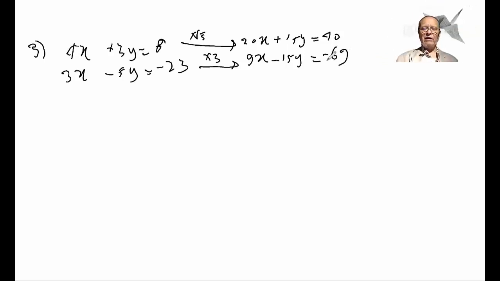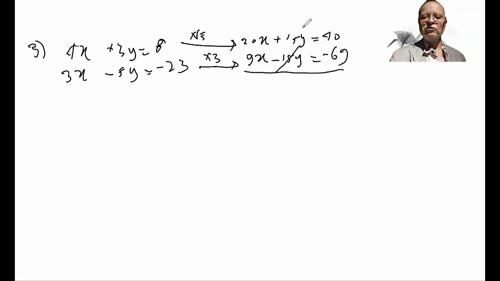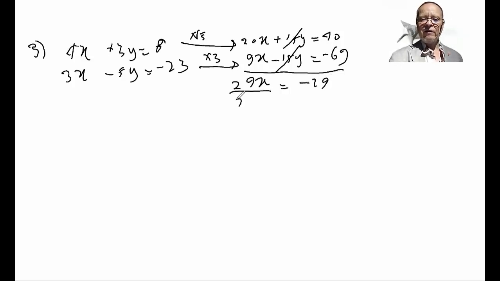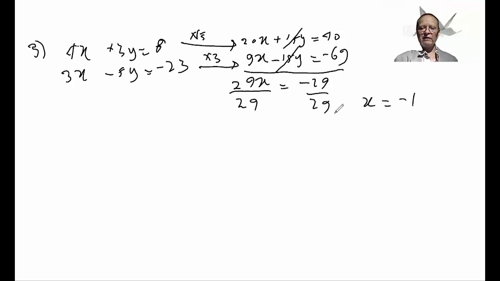So now I can add these two up. When I add these two equations up, it turns out, as I mentioned, the positive 15 will cancel out with negative 15, and then I am left with 29x is equal to negative 29, and then I divide both sides by 29. So in this case, I get x is equal to negative 1.